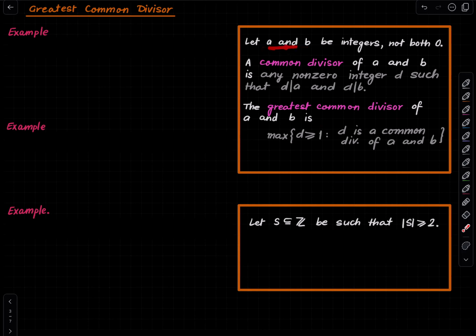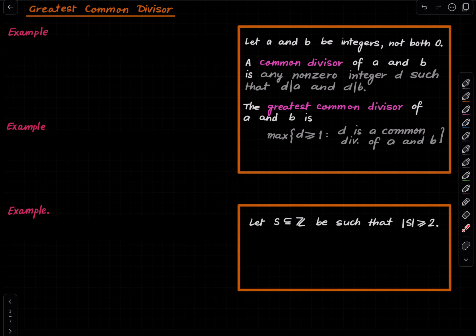If A and B were both 0, then every positive integer would be a common divisor, and this would not be a finite set, and hence we wouldn't be able to take the maximum of it, or the maximum would be infinity, which is not meaningful in this context. So this is a finite set, and we just take its maximum and call that the greatest common divisor, and it's clear why the name has been chosen. Amongst all the common divisors, we are just taking the one which is greatest, the maximum.